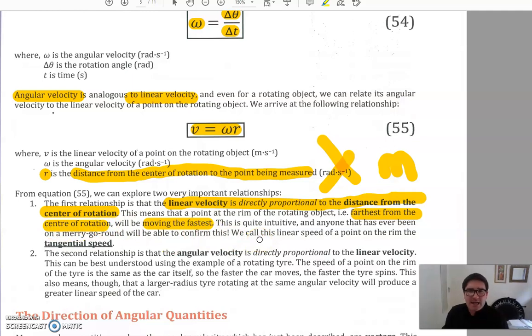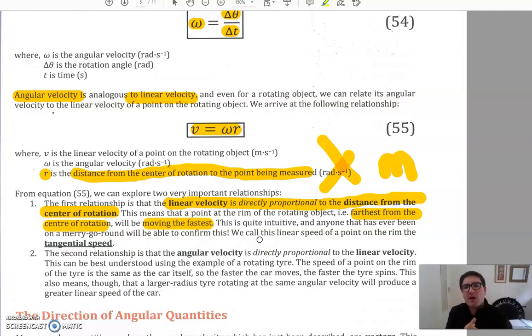Like I said earlier, I actually said it at the end of the previous video. If you're at the center of the circle, you have to travel a very small path to have the same angular displacement. So therefore, you can travel it much slower. Whilst if you have a bigger circle, to have the same angular displacement, you have to cover a bigger distance.